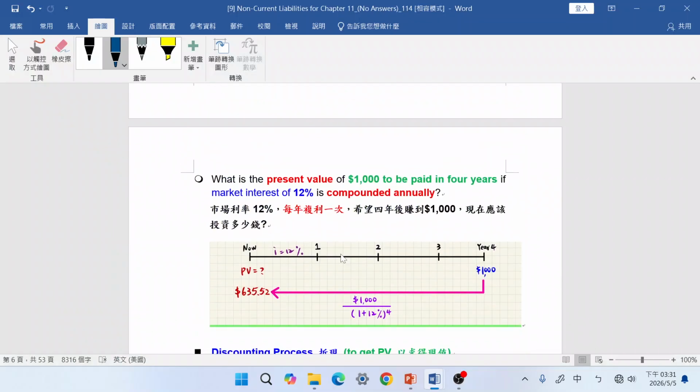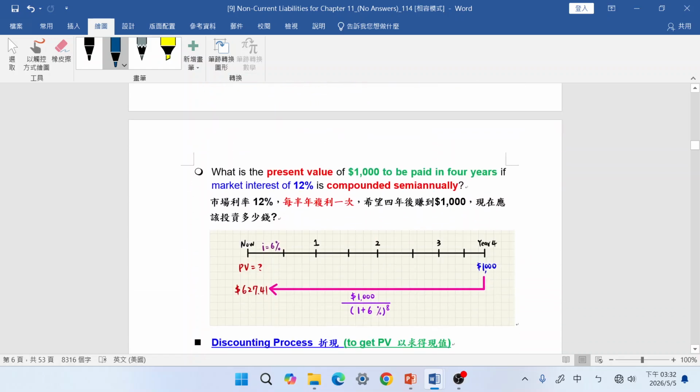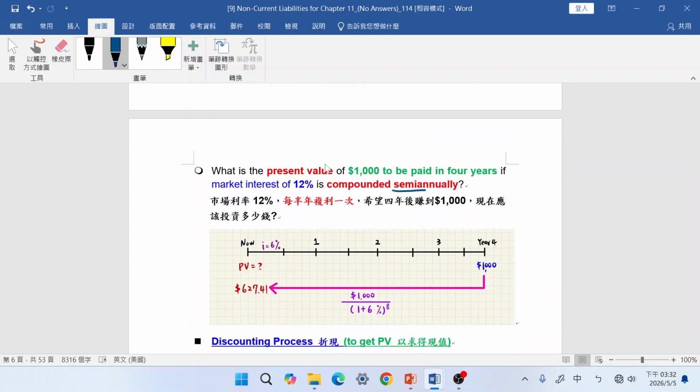Your interest is incurred annually. How long? 4 years, 12%. Then how about page 11, compounding semi-annually? Okay, so the only difference is whether your interest is incurred annually or semi-annually.